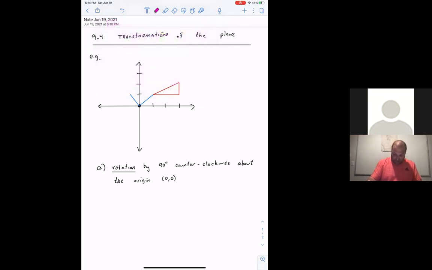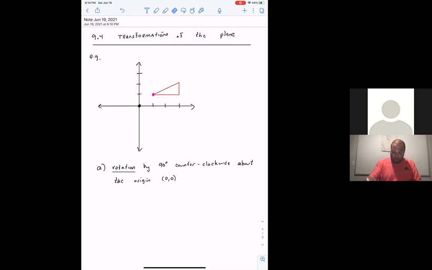And the image of that point would be over there, assuming I did it correctly. We want the same length, so it's kind of hard to do these by hand, which is why we have matrices do them for us.